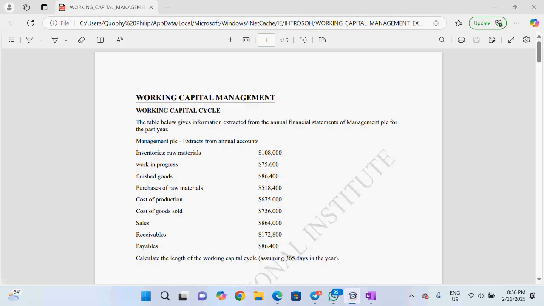Calculate the length of the working capital cycle, assuming 365 days in a year.